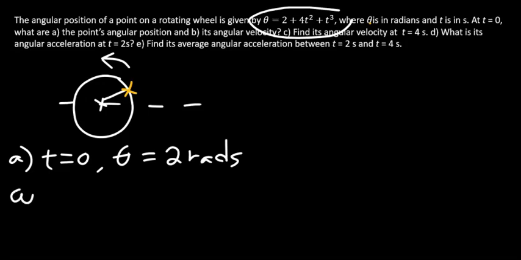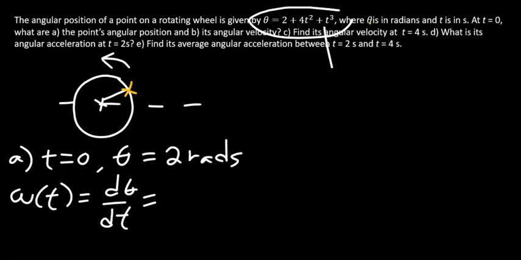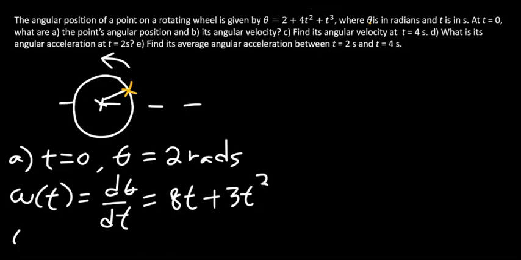First we need to figure out the expression for the angular velocity, and that is just the derivative of theta, the angular coordinate, with respect to time. So you take the derivative of this expression with respect to time, and you get 8t plus 3t squared. Immediately you see at t equals 0, the angular velocity is 0 radian per second.